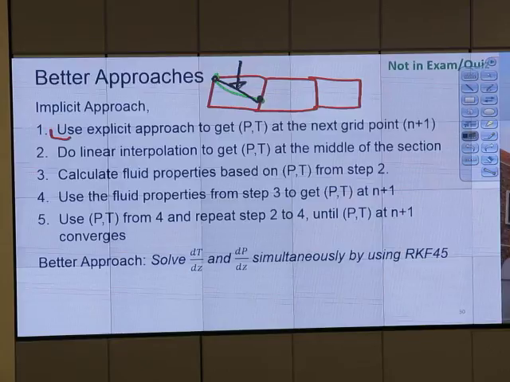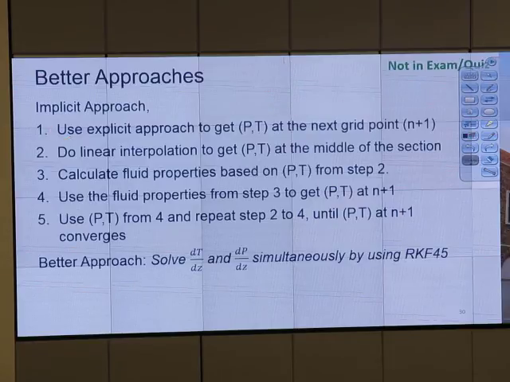So let's say the temperature at the middle is 149. So you use 149 to calculate fluid property. Then you redo the calculation again. Use the new fluid property. You get the answer at the end.